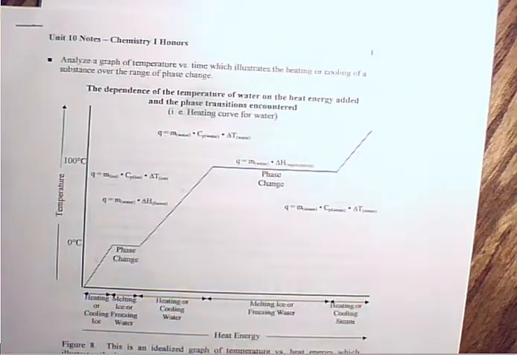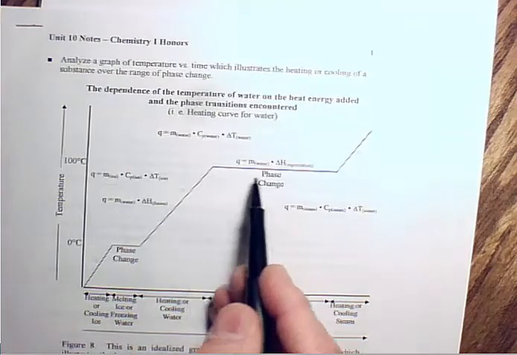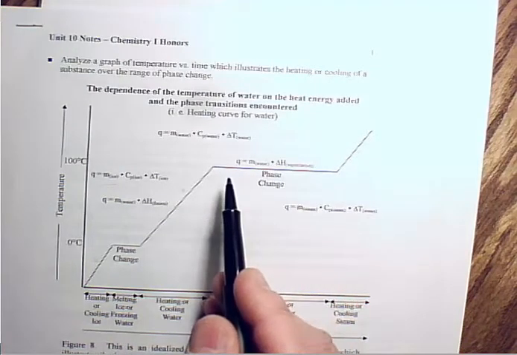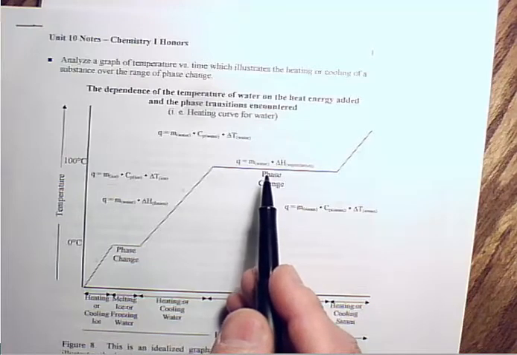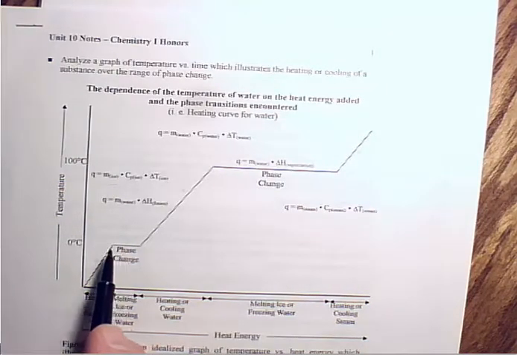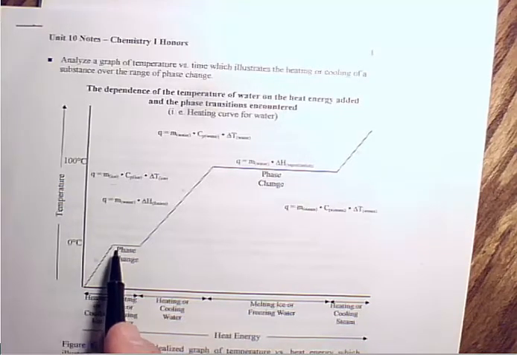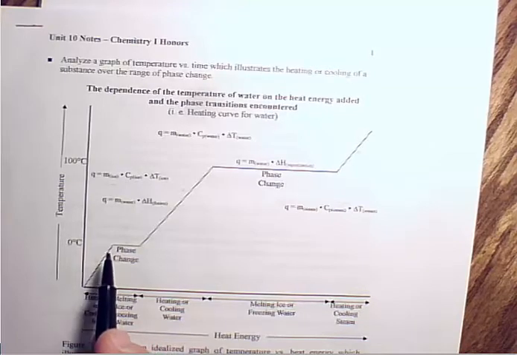All right? So you just have to know. If I'm boiling something, that's this range here, delta H is positive. If I'm condensing something, delta H is negative. If I'm melting something in this range, then the delta H is going to be positive. If I'm freezing something, delta H is going to be negative.